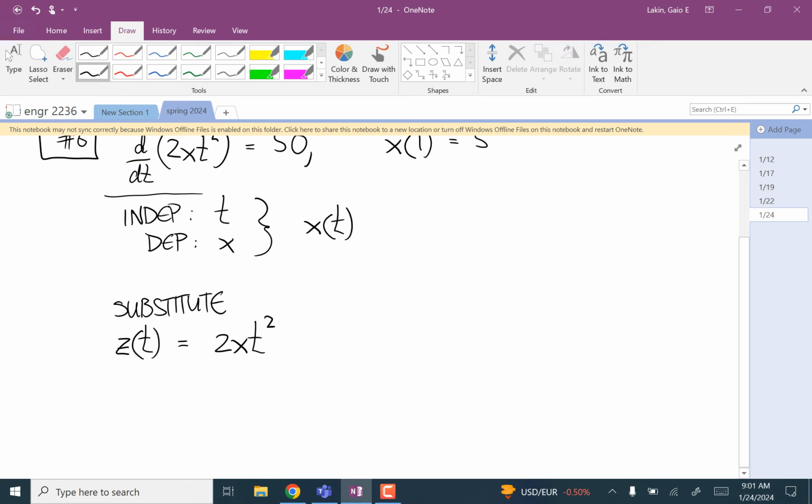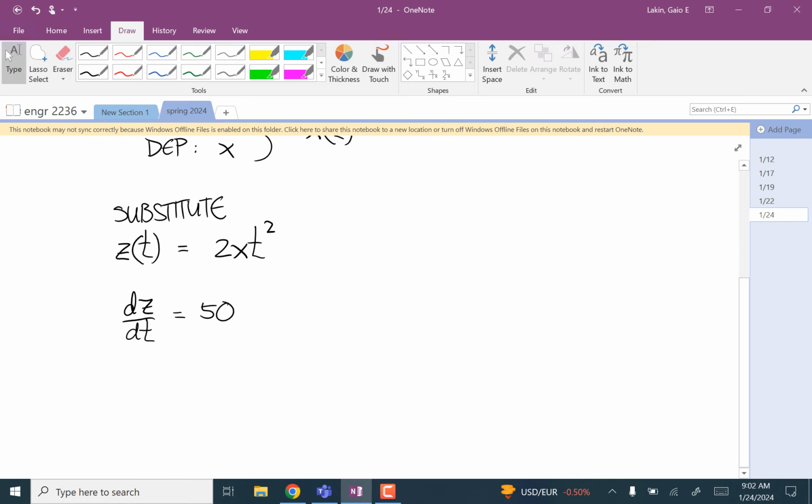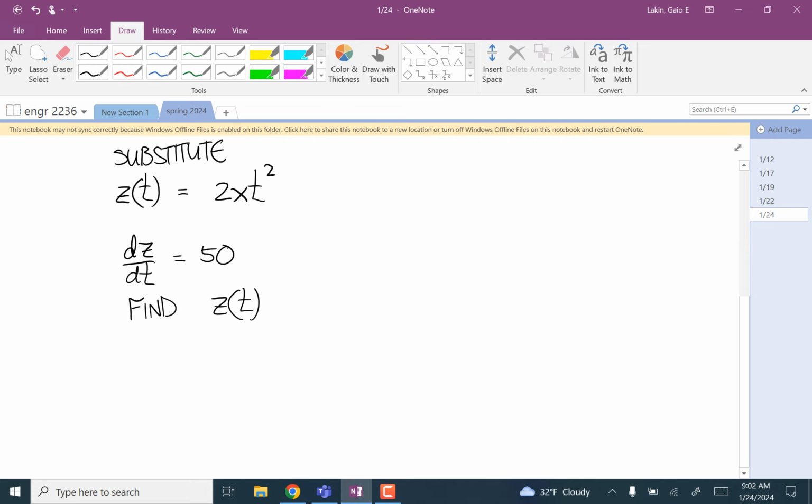So now this equation is dz/dt is equal to 50. And now we're just trying to find this function z. That's easy to do.